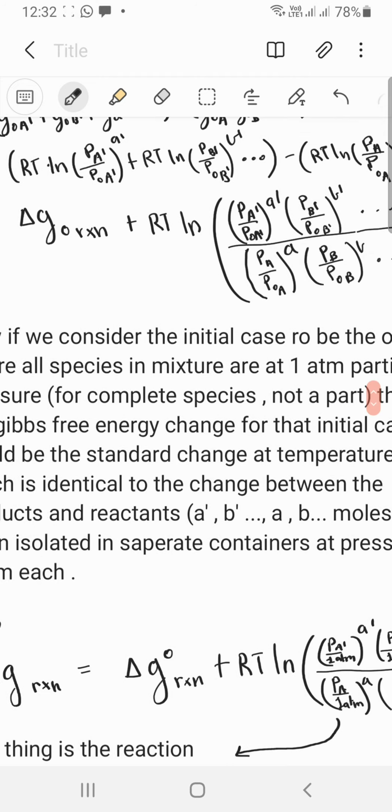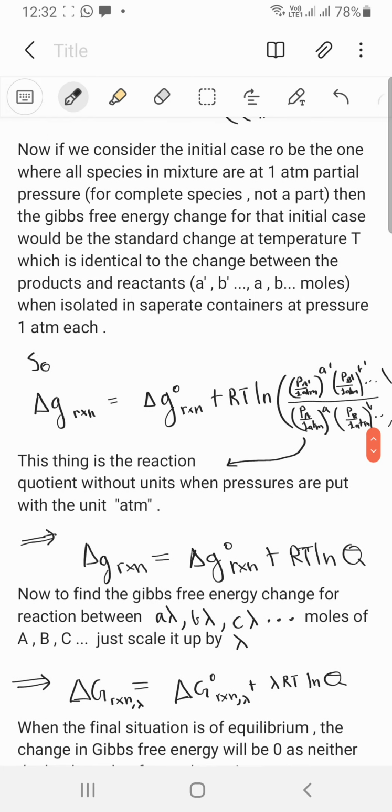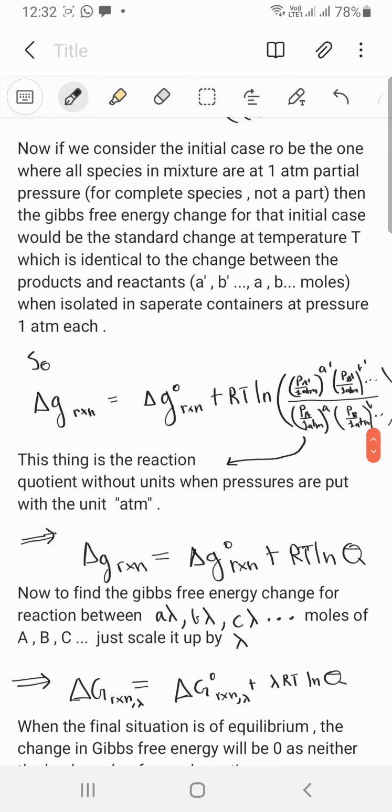Okay, so now if we consider the initial case to be the one where all species in the mixture are at 1 atmosphere partial pressure for complete species, not a part, right? So for all the NA moles, NB moles, etc., then the Gibbs free energy change for that initial case would be the standard change at temperature T, which is identical to the change between the product and the reactants if these were isolated in separate containers at pressure 1 atmosphere each.